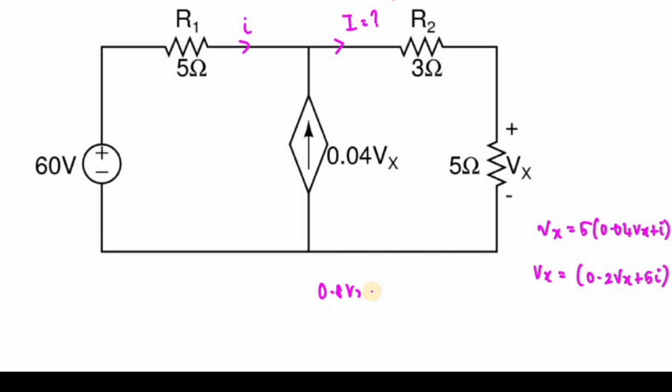So this is equal to 0.8 Vx is equal to 5I.